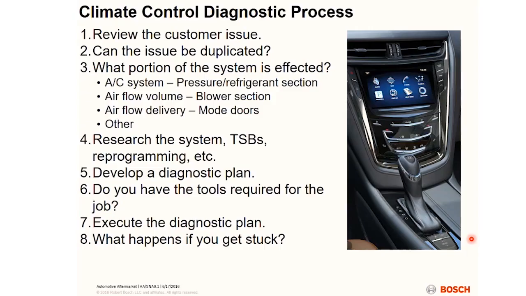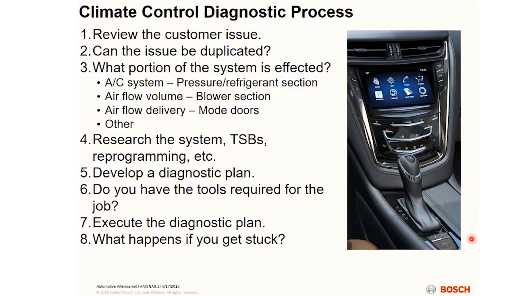If that's what you find in the research, and you know that in your diagnostic plan you want to do that, now you go to your scan tool and see if you have that feature so you can operate that recalibration. Or can you turn the compressor clutch on and off? What are the things that you can do with the tools that you have? If you determine you don't have the proper tools, within your diagnostic plan, is there a way to get around that particular problem? If you have all the proper tools, now you're ready to execute the plan.